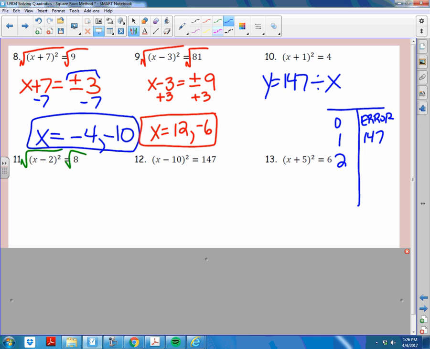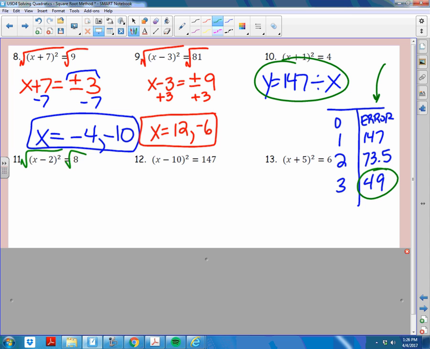Then you're going to see 2 and like 73.5. Then you're going to see 3 and 49, right? If you go down the y side until you find a good square root, that is your guy. The calculator will factor for you. You just have to put it into y equals and go to the table.